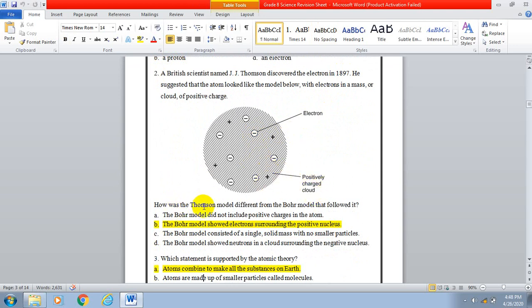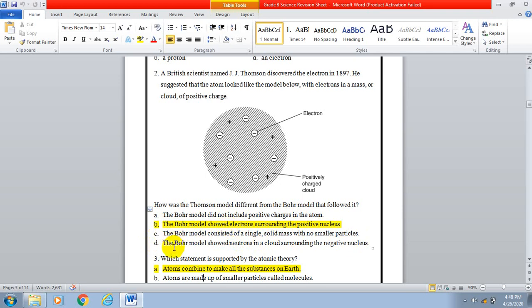Understand? So how was the Thomson model different from the Bohr model that followed it? Number A option: The Bohr model did not include positive charges in the atom. No. The Bohr model consisted of a single solid mass with no smaller particles.